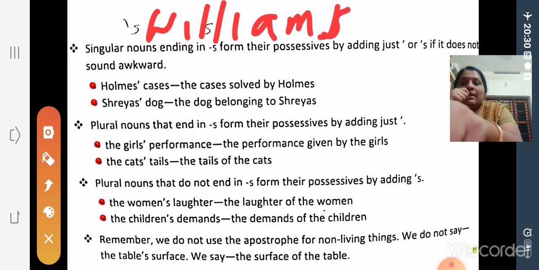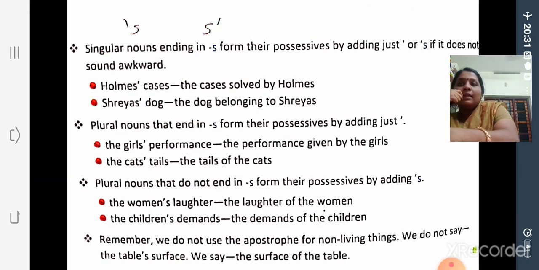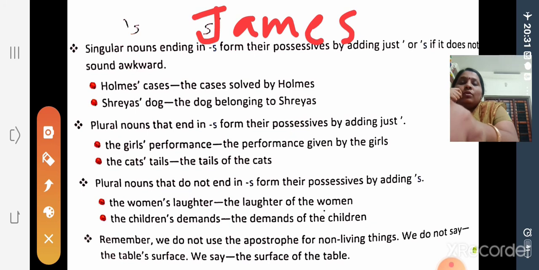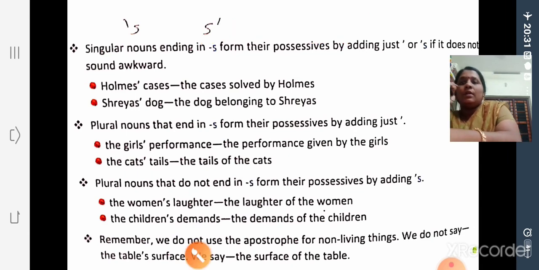So here we just add an apostrophe, no need to write apostrophe s again. Like James, look here. James also ends with the sound s. So for words like this we simply add one apostrophe only. No need to write s again. So that is one rule.